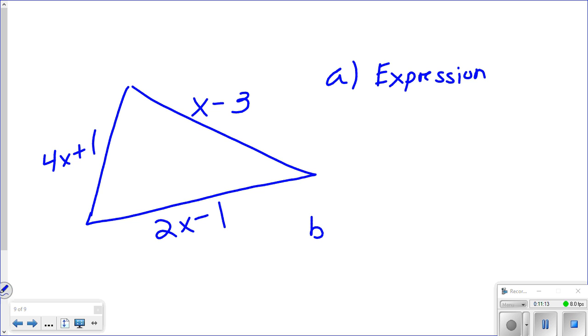And then B, solve if x is 6. Remember, if your expression isn't right for A, you're probably not going to get B right, so make sure that expression is correct.